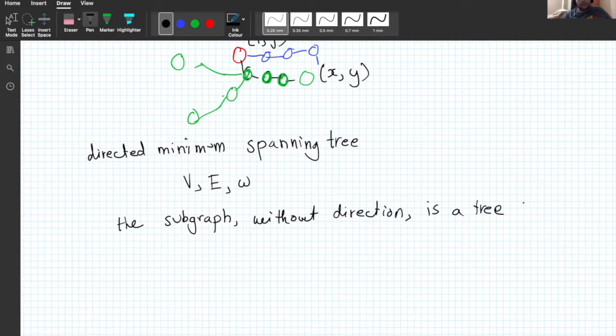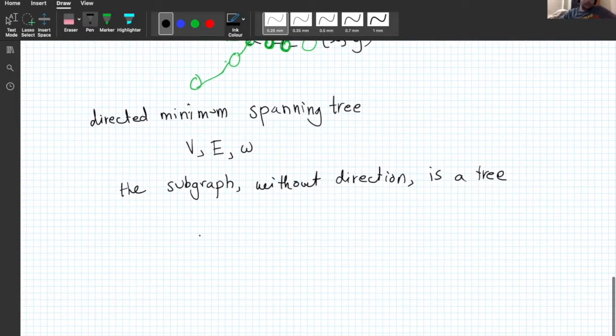The subgraph without direction is a tree, and from the root of the tree, so basically this is a rooted tree. A directed minimum spanning tree is always built with respect to a root.